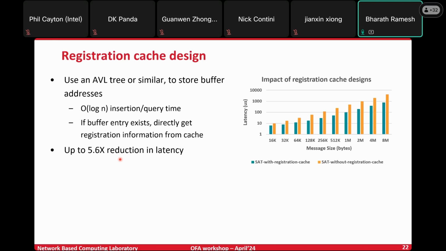If a buffer entry already exists, just like any other cache, we directly get the registration information that the SHARP runtime gives us, and then return it back to the MPI library. This leads to around a 5.6x reduction in latency, shown on the graph on the right side, where, as I mentioned before, as you increase the message size you see greater and greater benefits.